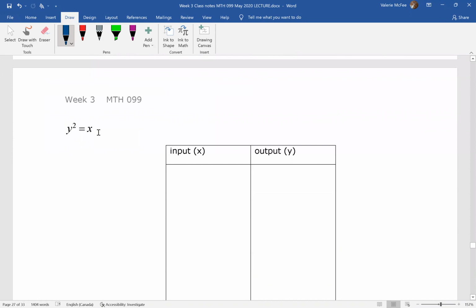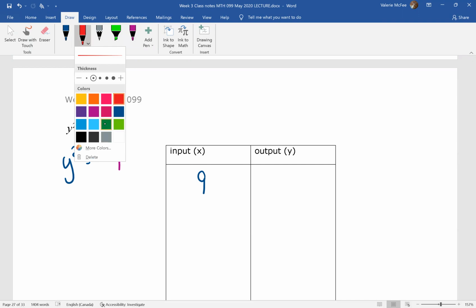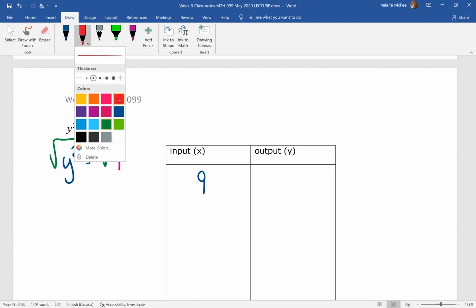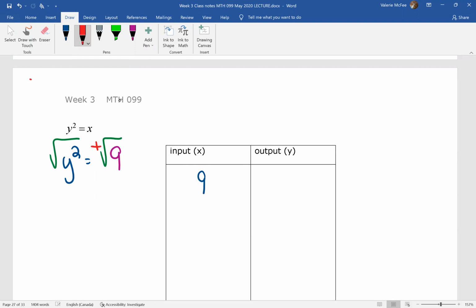Let's look at this example. If we input a value for x, let's say 9, and now remember, we can find the square root of both sides. Do you remember when we find the square root, we need the positive and negative square root.